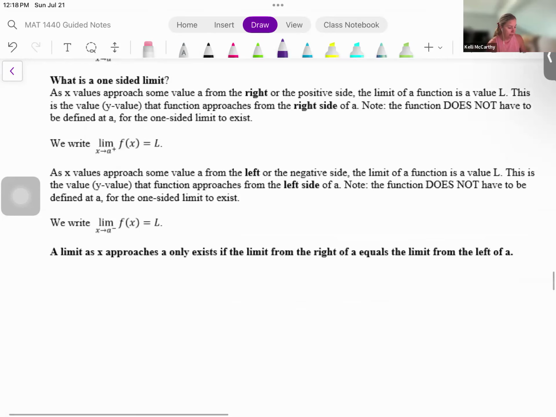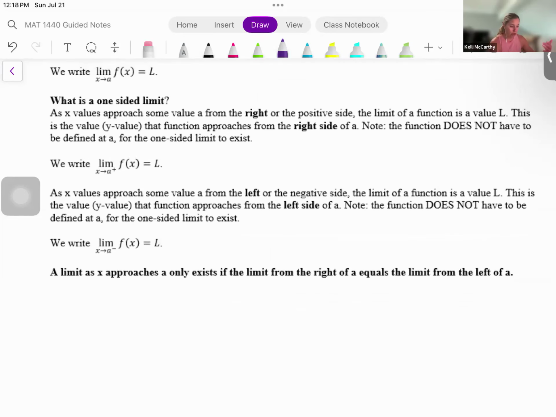Similarly, for a left-sided limit, we're looking at what the function is approaching as x approaches a from the left, or that negative side. The function does not need to be defined at a for that one-sided limit to exist, and the change in our notation, instead of having that plus, we have a minus sign on x approaches a.